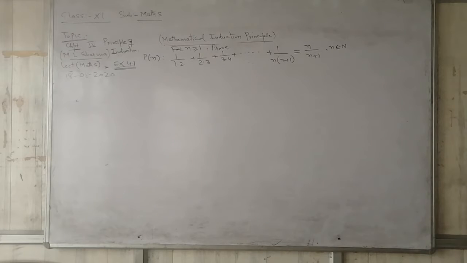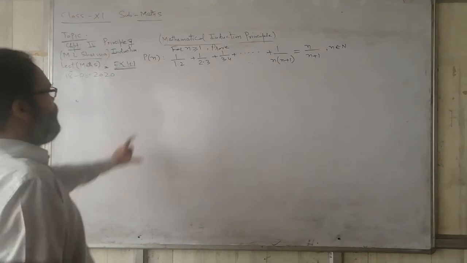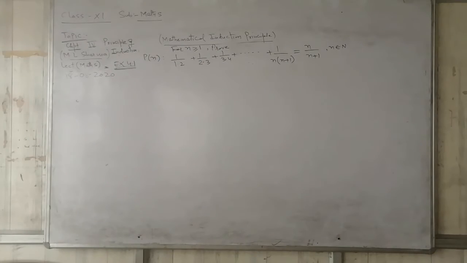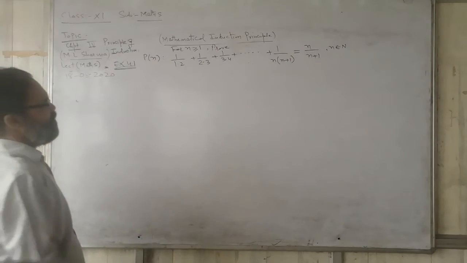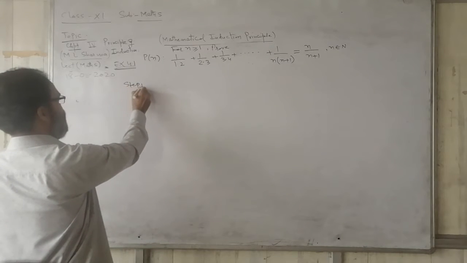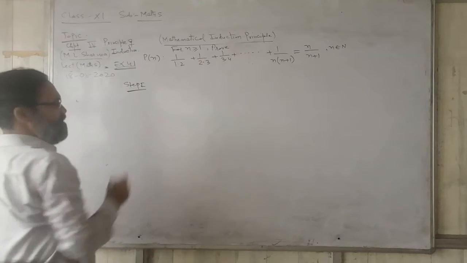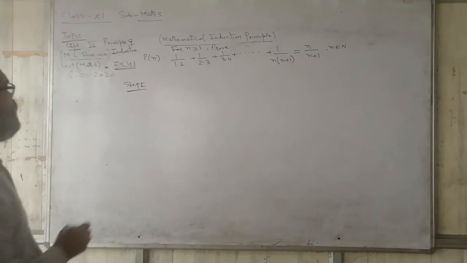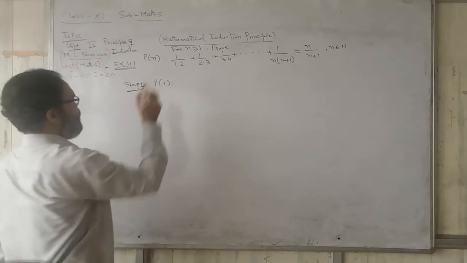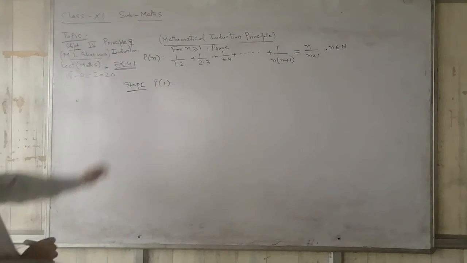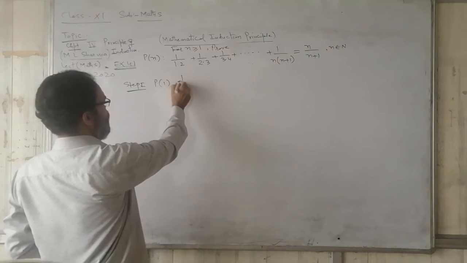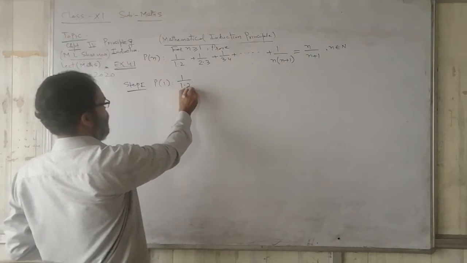Now this mathematical formula is to be checked whether this is correct or incorrect. We can check this formula by following the 3 steps which I have told you just few minutes ago. So first step, in this step what we do, P of 1 we take instead of n equal to 1, that is the first term, and the first term is 1 into 2.